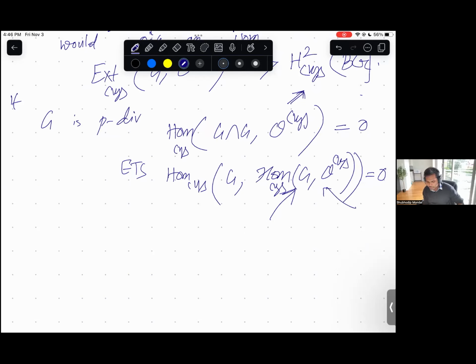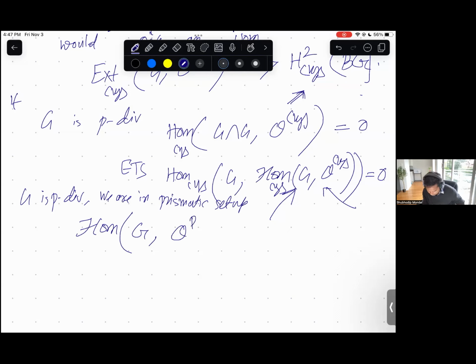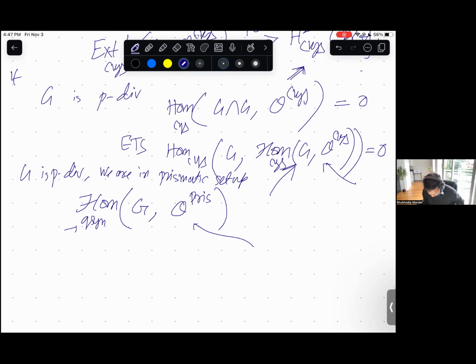Yeah, so it's actually not difficult. I think it's a little bit tricky on the crystalline side, but it's actually easier in the prismatic situation when you're working with p-divisible groups. So say G is p-divisible and we are in the prismatic setup. Here the structure sheaf is replaced by O-pris, the prismatic structure sheaf, and everything happens in a certain topos called the quasi-syntomic topos.